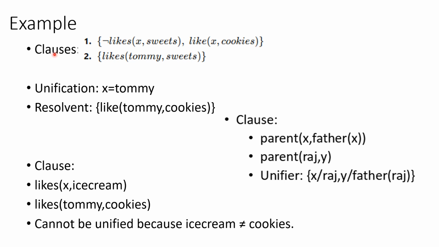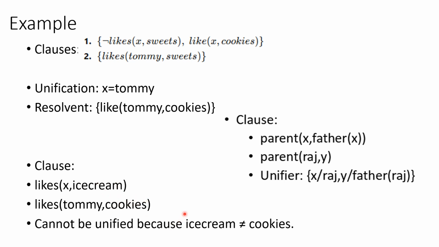Here is another one: likes(X, ice cream) and likes(Tommy, cookies). Here we cannot compare these two, because in the first clause there are two parameters, X and ice cream, and in the second clause we have Tommy and cookies. It is not matching. In the first one the constant is ice cream, and in the second clause the constant value is cookies.